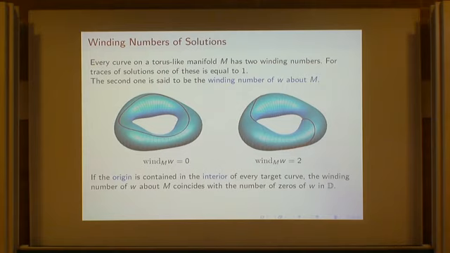So, and we will need another assumption, namely the simplest case is that we make the additional assumption that the origin lies in the interior of all target curves. This will play a more important role in the second part of the talk in the afternoon. Then this winding number of W about this target manifold is just the number of zeros in the disk.